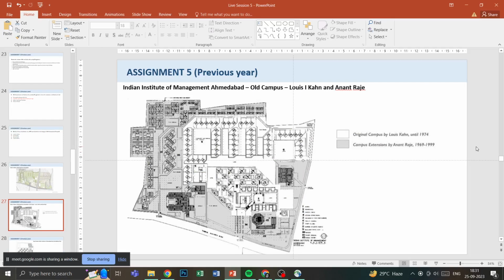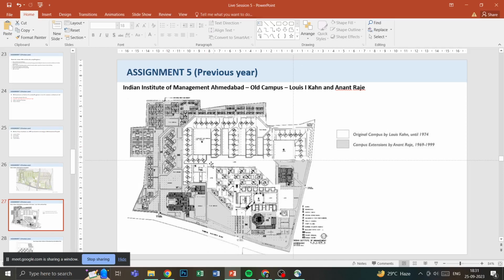And in this plan, the marking in white is actually the original campus by Louis Kahn, and the marking in grey is the campus extensions which were later made by Anant Raje. The original campus by Louis Kahn was designed until 1974, and the campus extensions by Anant Raje are from 1969 to 1999. So this is the old campus part.